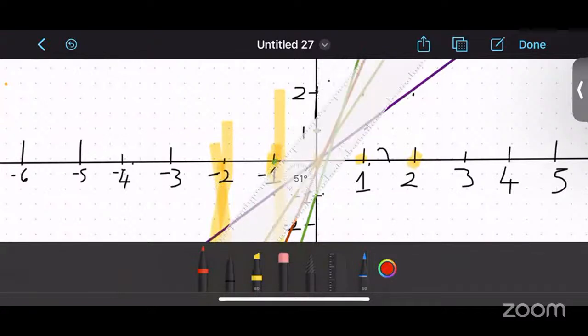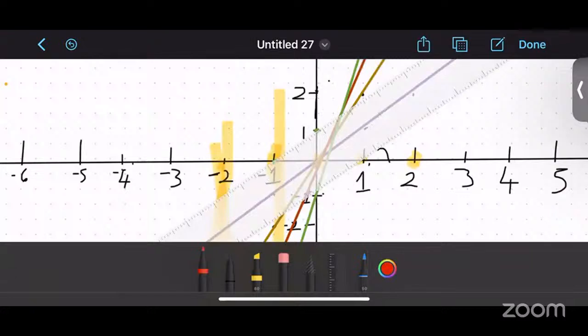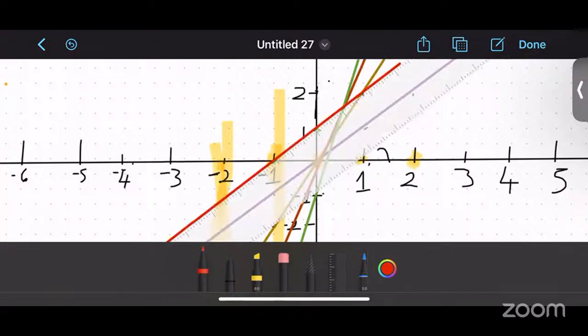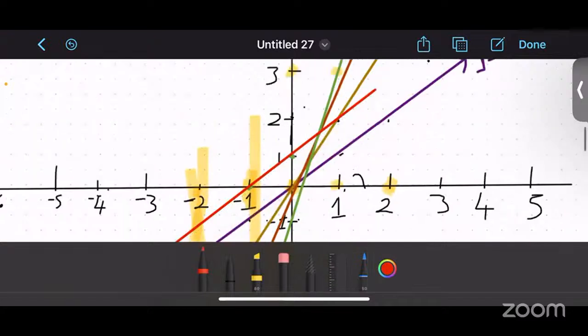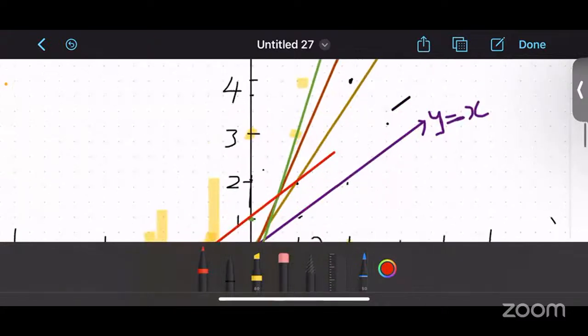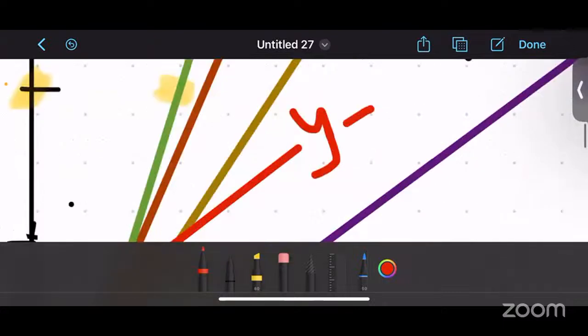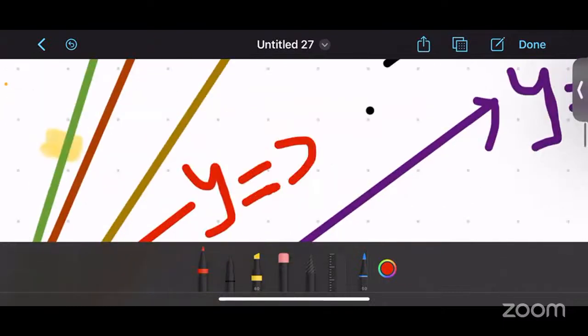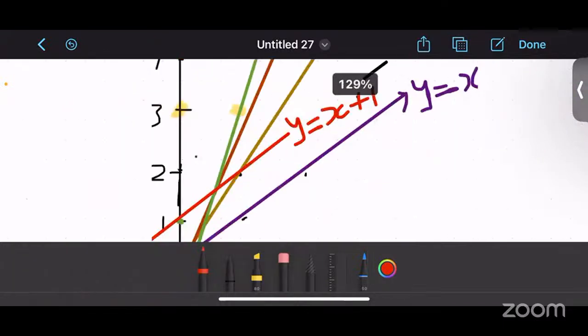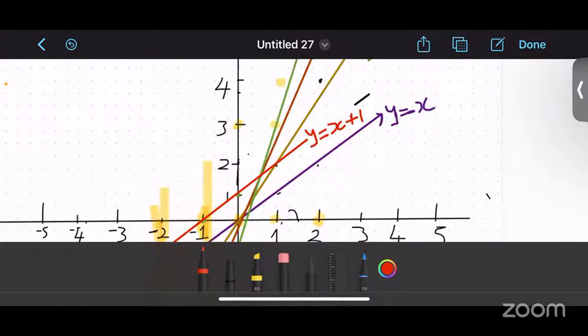And this is going to be my graph, and this is going to be my line: y is equal to x plus 1. Do you see that? Do you guys see that?